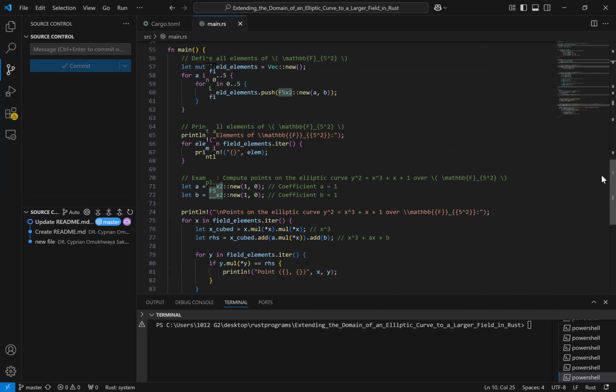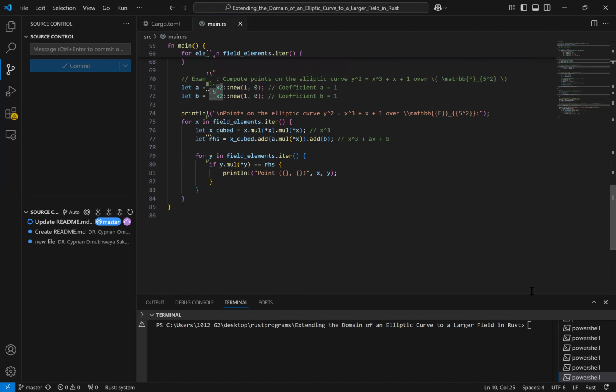Okay, let me now find how many points are here. Which points? It's supposed to give me the points, of course. Now you can change where there's 5 and use another mod, and you can change 2 to be another power. But remember, the power must be the embedding degree.